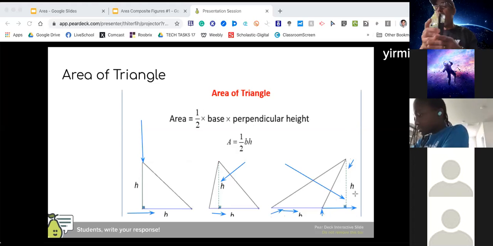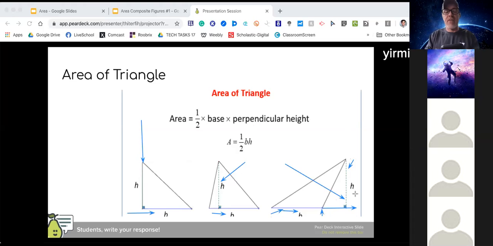Could you tell me in the text, why do I half that? Why is it I half it?